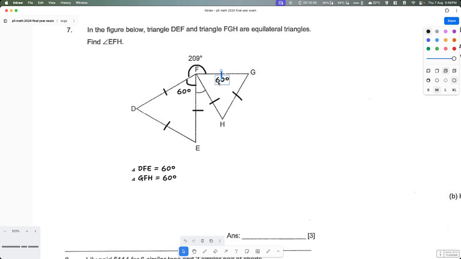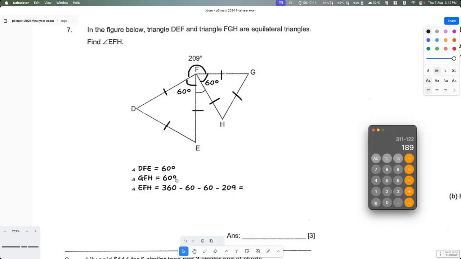And then we can also put 60 over here, saying that this is 60 degrees. So that means for angle EFH, angle EFH is equal to 360 minus 60 minus 60 minus 209.